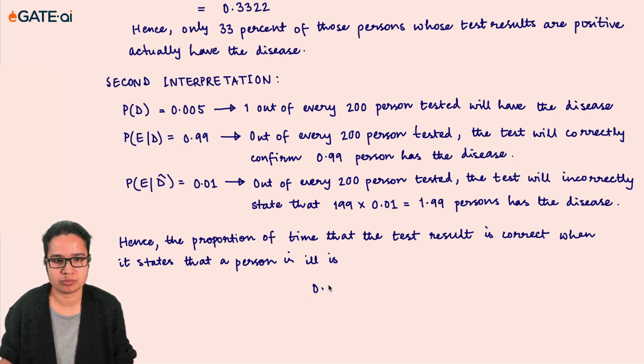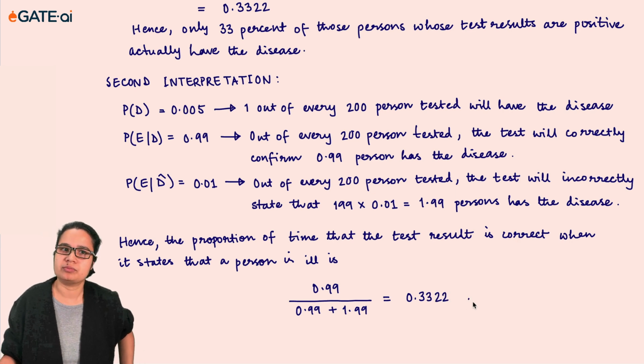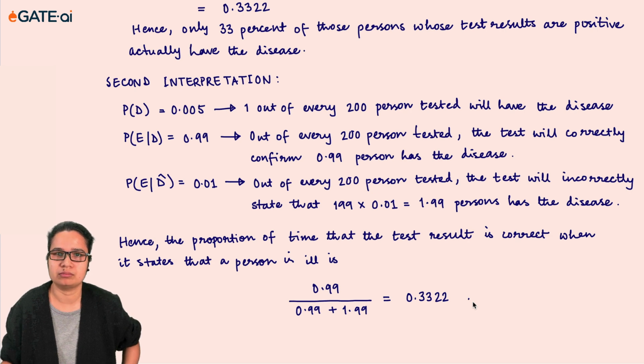So under this 0.99, out of all the persons for whom it has said that the test result is positive, which is 0.99 plus this 1.99 as well, when you calculate that, you get the same value as we were able to calculate using the Bayes theorem. So that's your 33% effectiveness of the test result. Okay, so that's your answer.